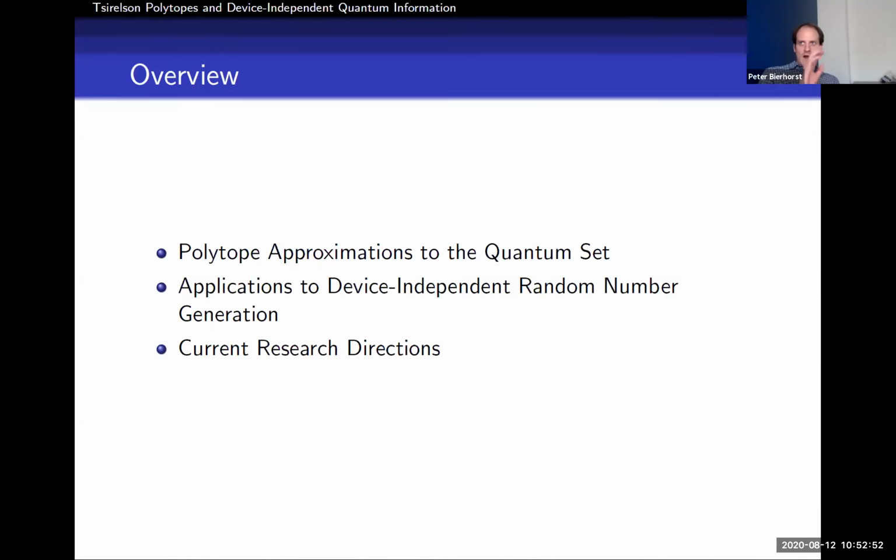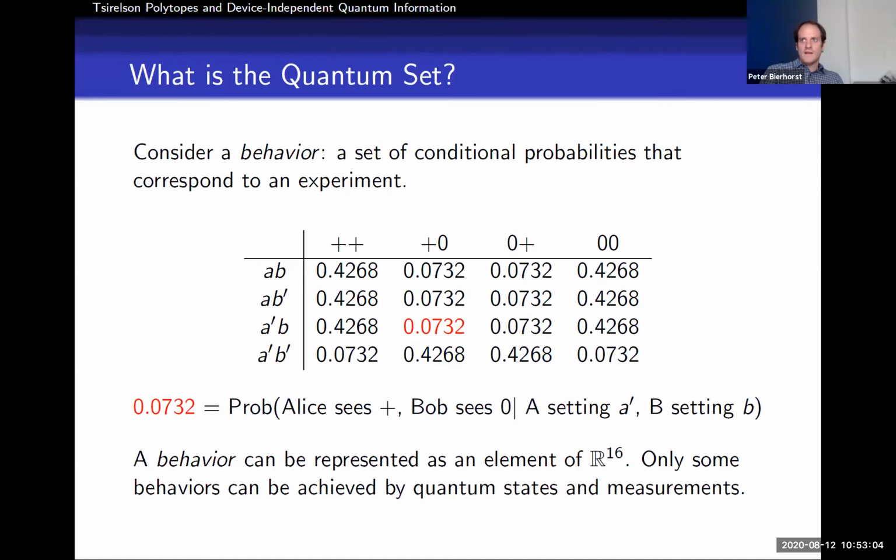So hopefully I've described the quantum set pretty well. And now I'm going to answer the second question you probably had, which is, what is a polytope? What is a polytope approximation? So the quantum set is these vectors in R16 corresponding to valid quantum measurements and the probabilities that they would engender.